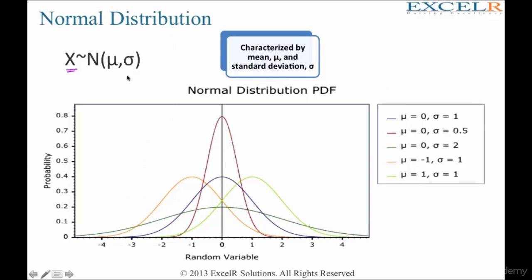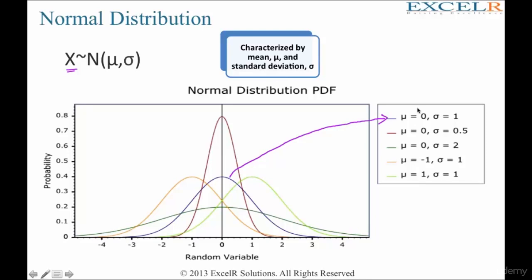So you can characterize each and every random variable with mean mu and standard deviation sigma. Now let me explain that using this example, after which I will get into the standard normal distribution. If mean equals 0 and sigma equals 1, the curve would appear like this.